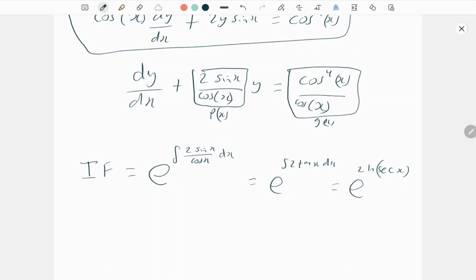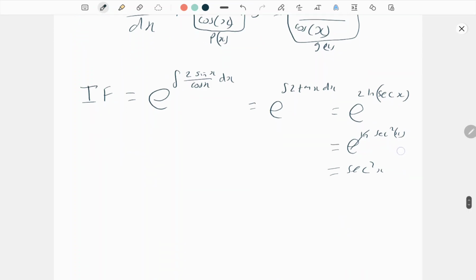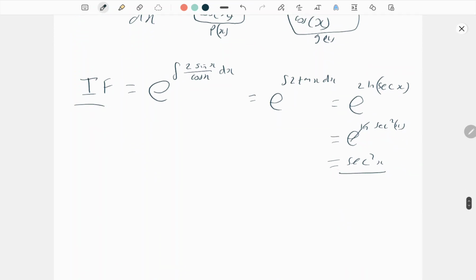Now 2 ln sec x isn't really helpful because it's still quite complicated, so we're going to move that 2 to the power, so it becomes e to the ln sec squared x. And now the e and the ln cancel, that's just sec squared x. So our integrating factor is sec squared x.